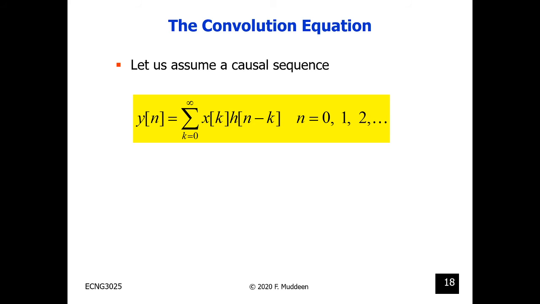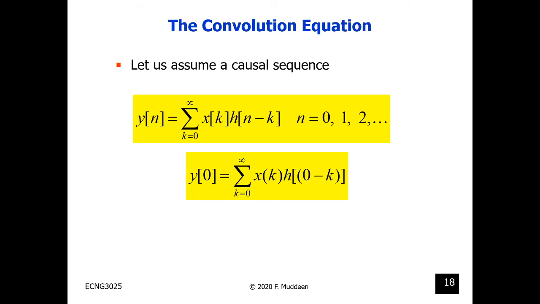So let's watch how we can actually apply the convolution equation here in particular towards any sort of causal sequence that we may apply with regards to this equation. So if we wanted to extract out y of 0, meaning that we substitute n equals 0 here, or k equals 0 here, sorry, nope, we substitute n equals 0.